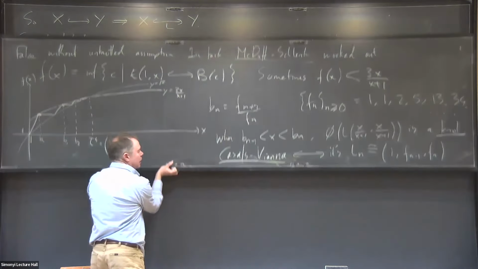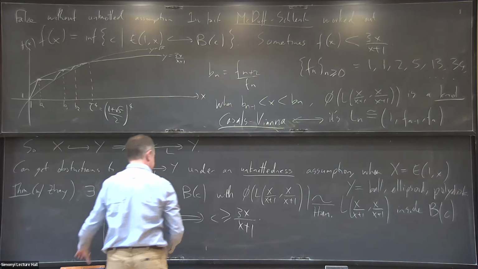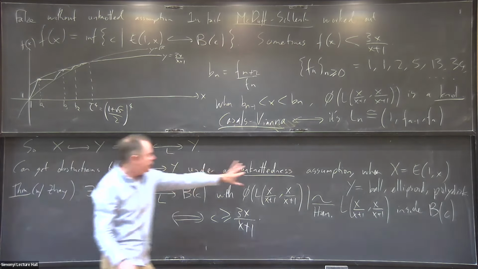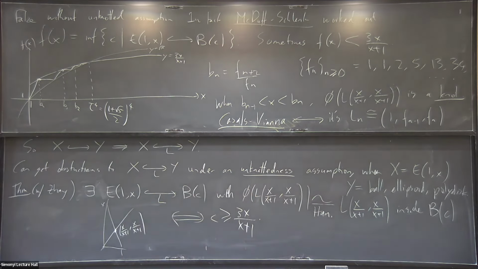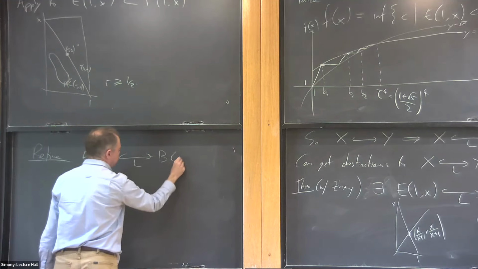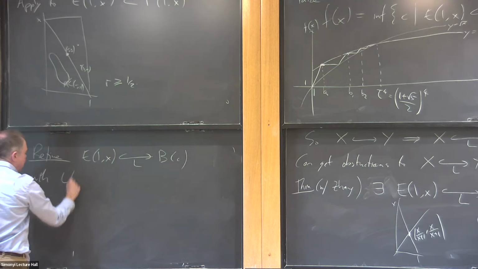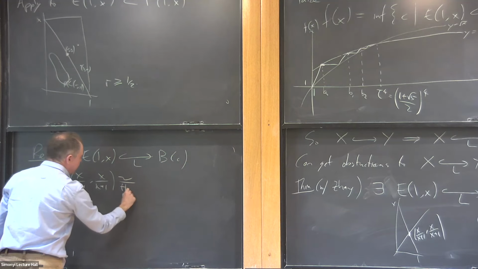Okay, and then we can refine our theorem a bit. The problem with this result is I've got this unknotted assumption. Now I'm saying I can weaken it. So let's say E(1,x) goes into B(c) with L(x over x plus 1, x over x plus 1) Hamiltonian isotopic.